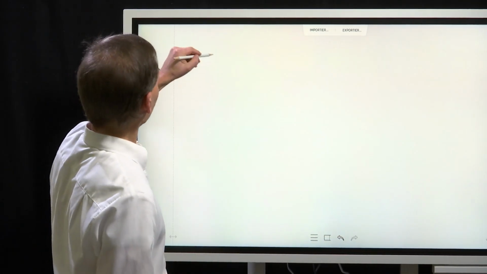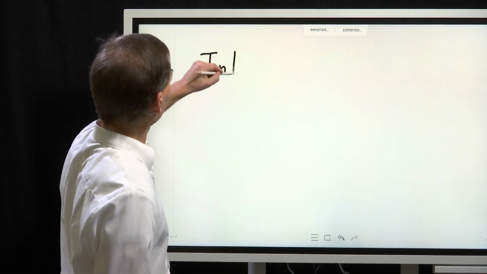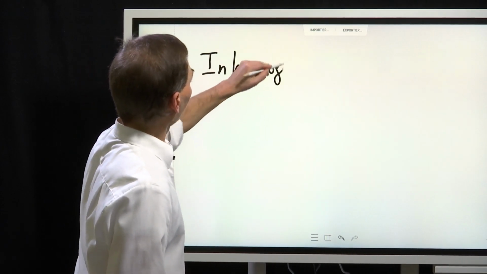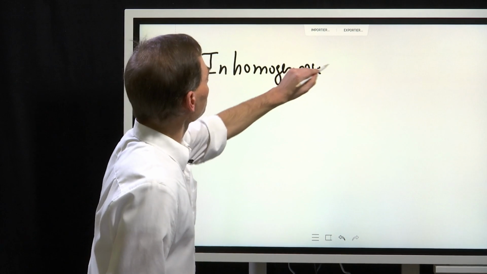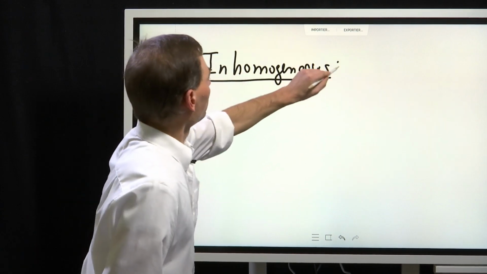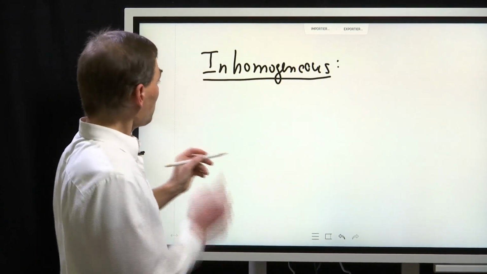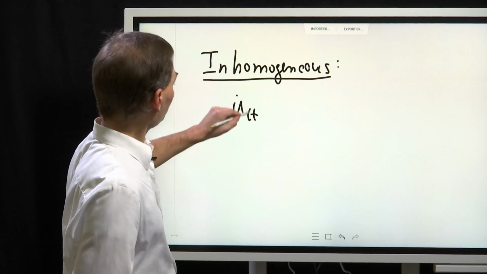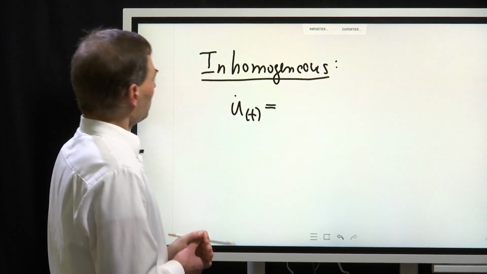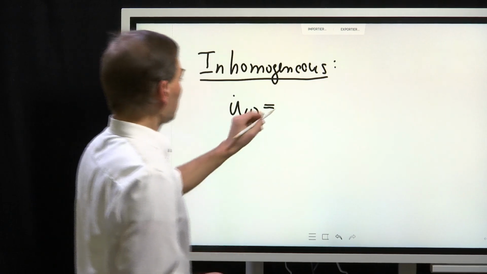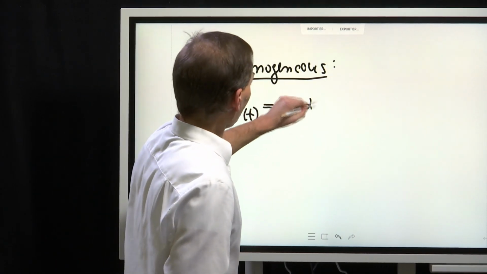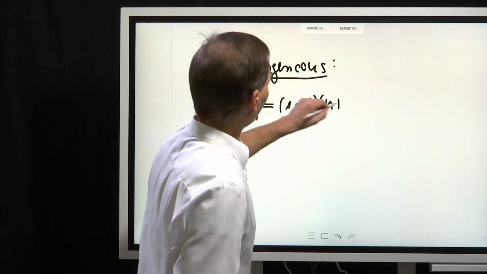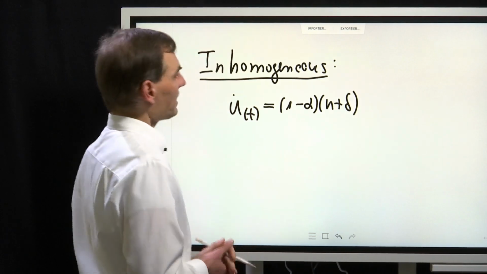So the inhomogeneous differential equation is basically the same equation we have derived a moment ago, u dot of t, but we simply factor out 1 minus alpha, and we factor out the constant term n plus delta.